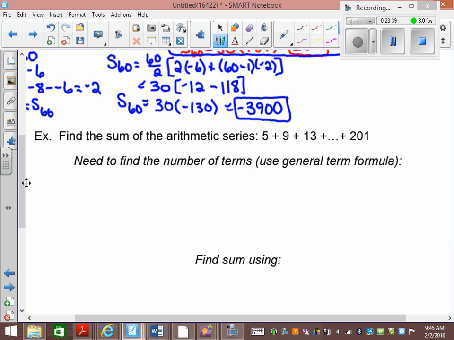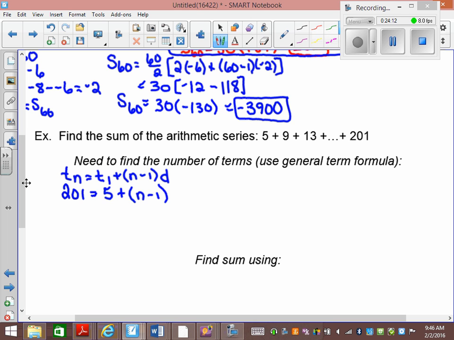So we need to use the Tn equals T1 plus (n minus 1)d formula to find n. Okay? What's Tn in this case? Cody. 201? Yeah. And Christina, what's T1? Right. n minus 1, because we're trying to find n.